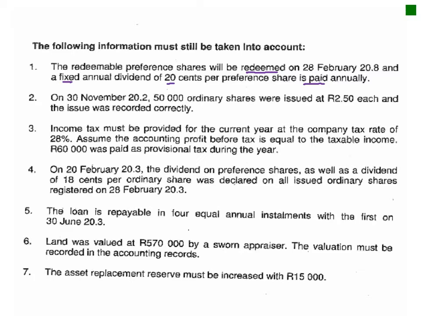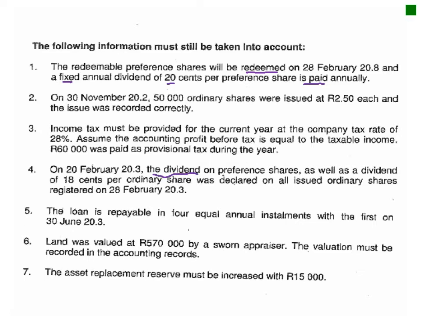Part 2 of the question doesn't affect us. It's exactly the same as was given, as well as part 3. Part 4 we need to take note of because it says that the dividend on preference shares as well as the dividend of 18 cents per ordinary share was declared. That means this dividend is no longer going to be considered interest.